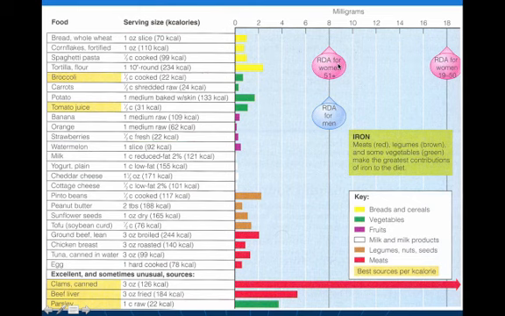So post-menopause, iron requirements in women go down because of the cessation of menstruation. So that monthly blood loss during menses can be a significant change in iron requirements and iron status. For men, the RDA for adult men is 8 milligrams a day, so significantly less than women.